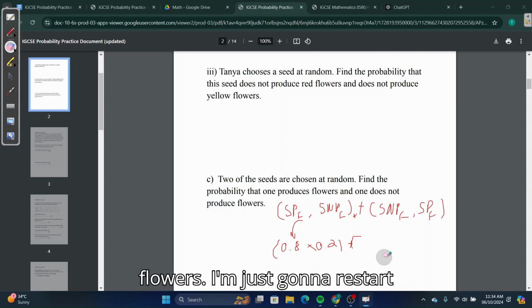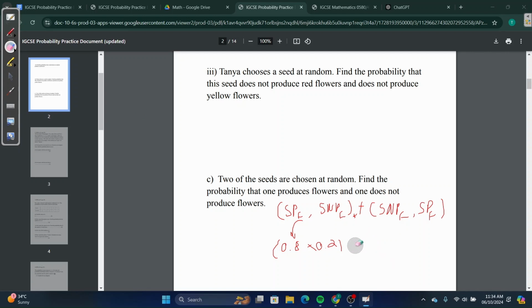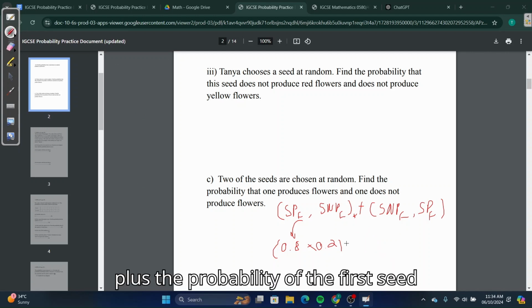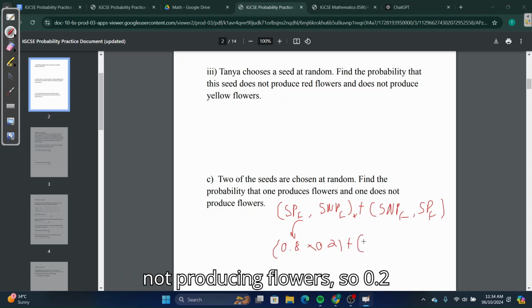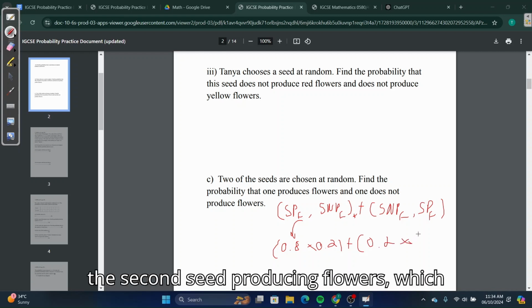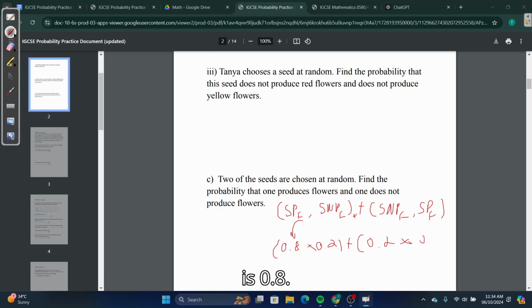So I'm just gonna erase that. Plus the probability of the first seed not producing flowers, so 0.2 times the probability of the second seed producing flowers, which is 0.8. Okay, 0.8 times 0.2 is 0.16.